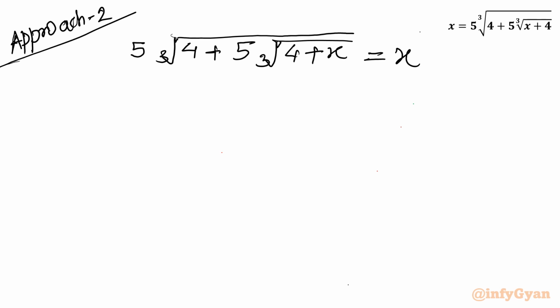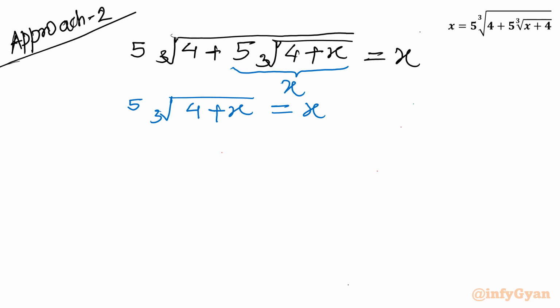Now if you see what is written, 5 times 4 plus 5 times, we can write here again using the recursive formula, it is again x, because once you put the value of x, again it will be in the same order. So we can replace this 5 times cube root of 4 plus x term by x. So what will we be having after that? 5 times cube root of 4 plus x equal to x.